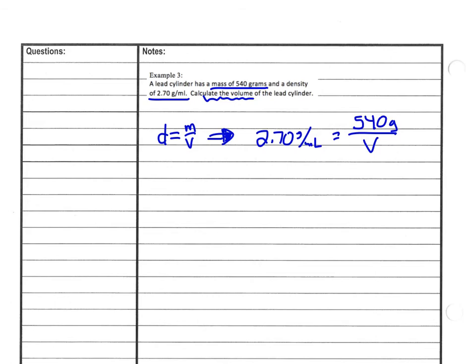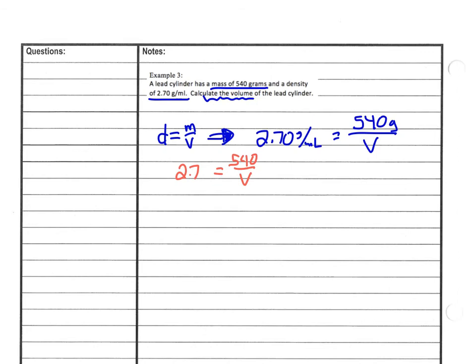Because I think it's easier to do the math without units, I'll look at the units later. I'm going to write 2.7 equals 540 over V.